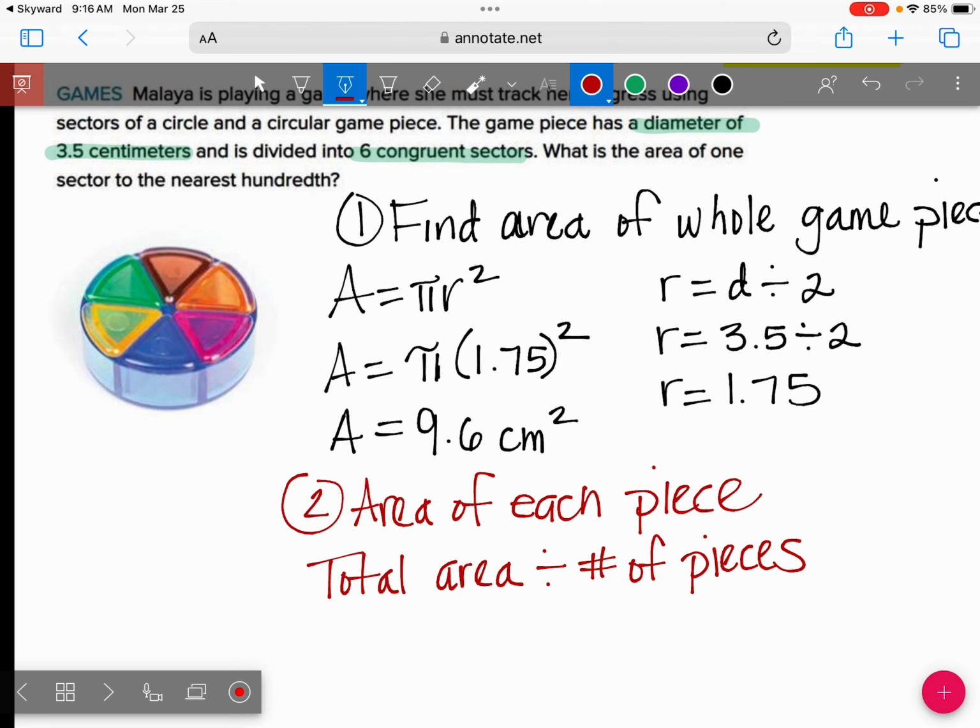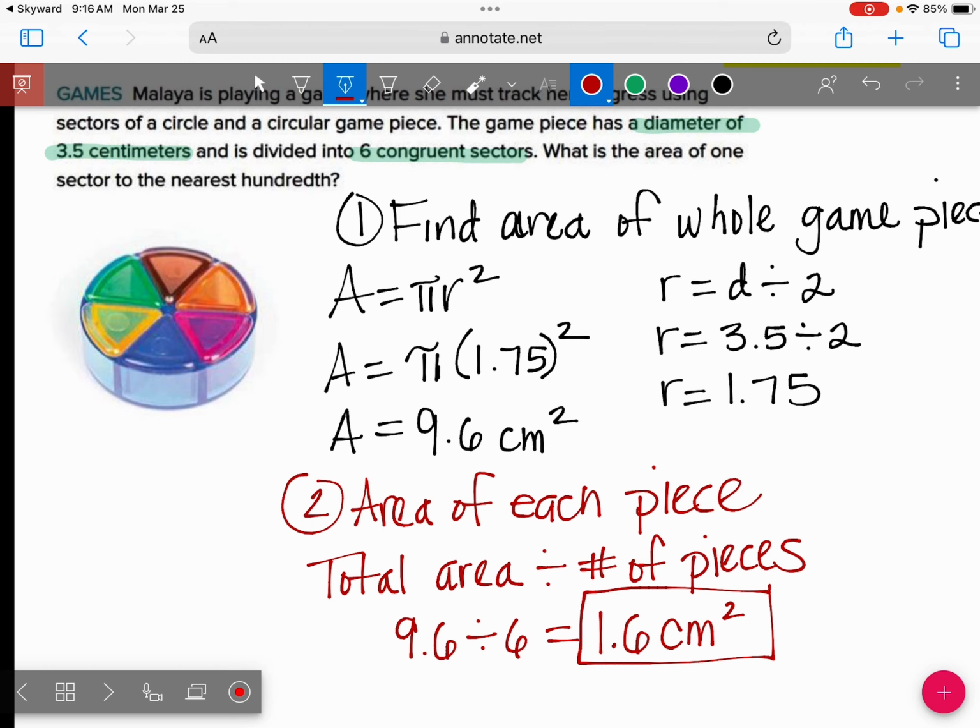That's how we're going to find the area of each piece. So that would be 9.6 divided by 6, because there's 6 pieces. So in your calculator, take 9.6 and divide that by 6, and you should get 1.6 centimeters squared, and that will be your final answer.